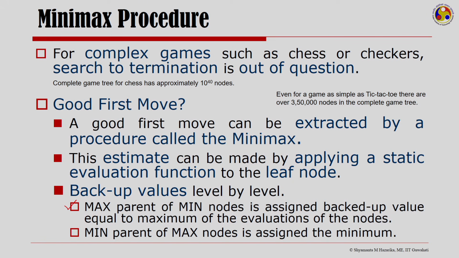This is because we expect the max player to maximize his gain. The min parent of the max nodes is assigned the minimum because the min player has the idea to get to the minimum of the boards.